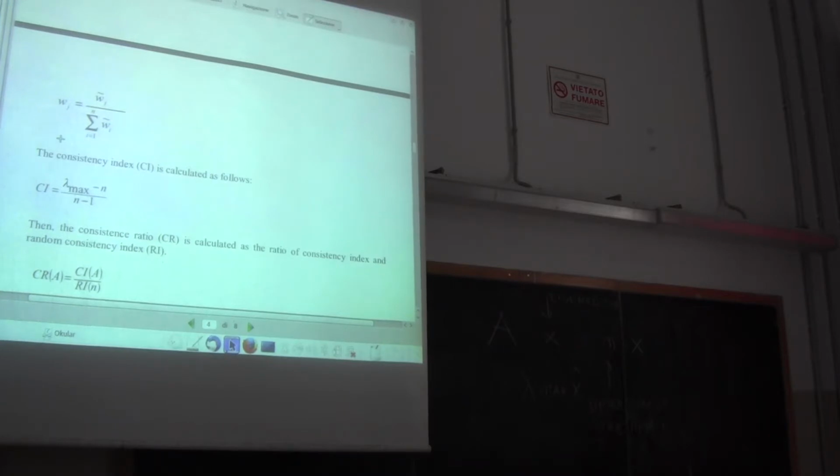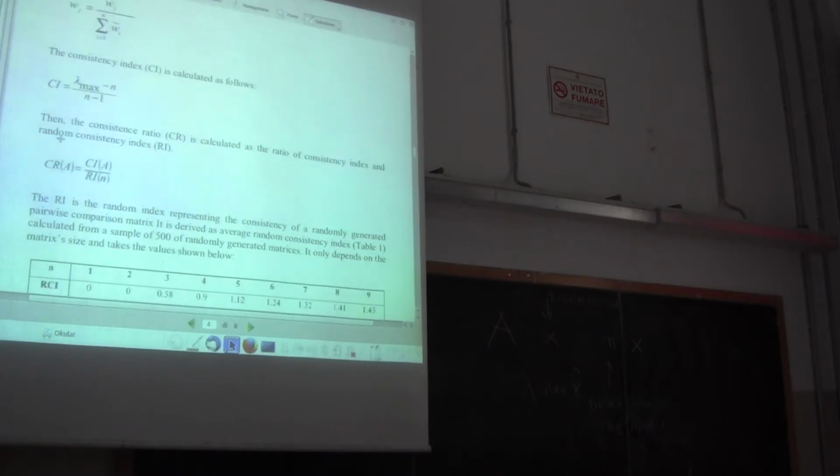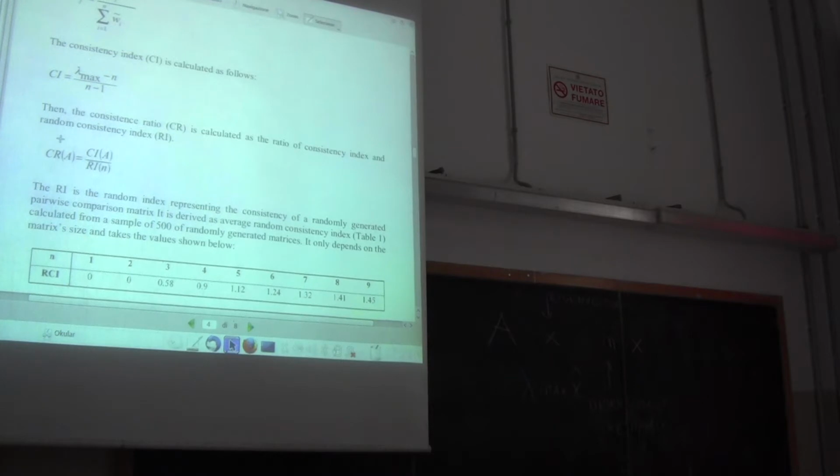So basically, first of all, let's make sure that these weights sum to 1, because by definition they have to sum to 1. So even if we have some inconsistency, we have to make sure that they sum to 1. And let's define at this point this quantity, which is named Ci, which is given by lambda minus n, which should be 0 if the matrix is fully consistent, divided by n minus 1.